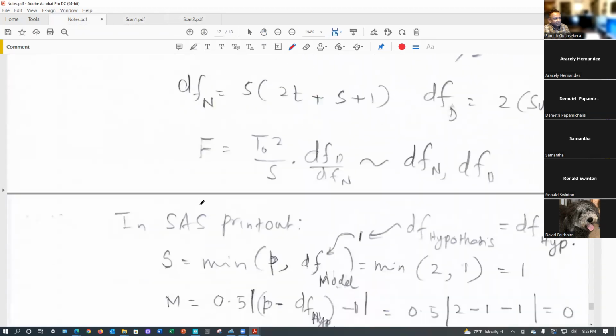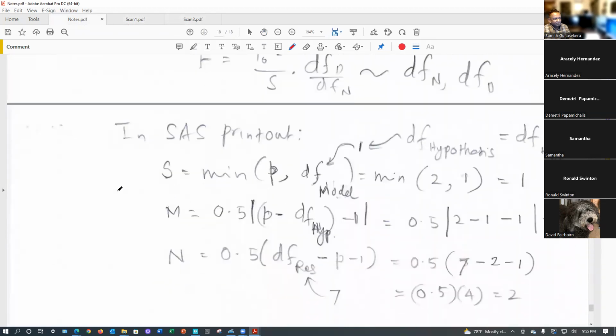And one more thing in this printout, we're going to go through that one pretty soon. You can see something called S on the SAS printout. It's the minimum between P and the degrees of freedom of the model, sometimes called the degrees of freedom of the hypothesis for the univariate one, not the multivariate one.